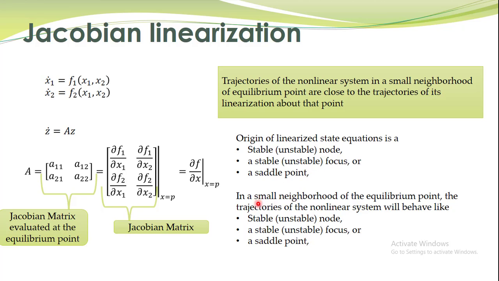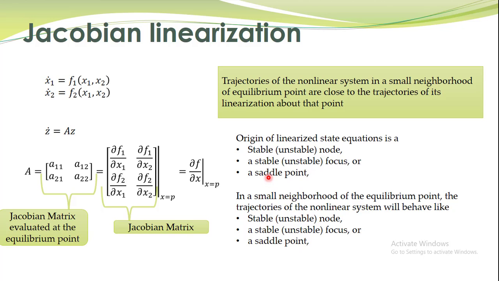And in the small neighborhood of the equilibrium point, the trajectories of nonlinear system will behave like stable node if its corresponding linear system is a stable node, or unstable node if this is unstable node. And this nonlinear system near the equilibrium point will behave like a stable focus if its corresponding linearized model behaves like a stable focus, and likewise for unstable focus it will behave as unstable focus.